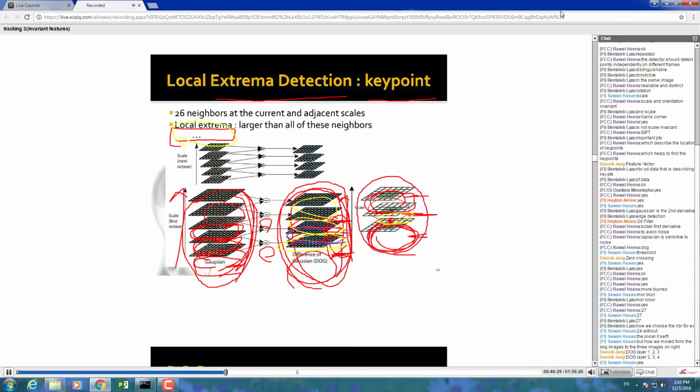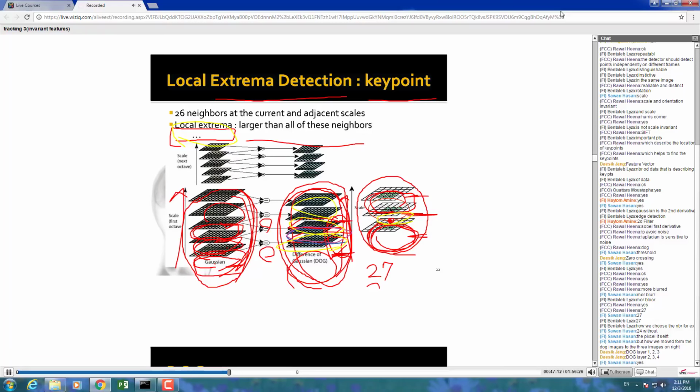So we compare the DOG value. So basically it is kind of an edge response, second derivative, edge response value. And among these 27 neighboring DOG values, we are checking if the current center value is larger than all other neighbors.